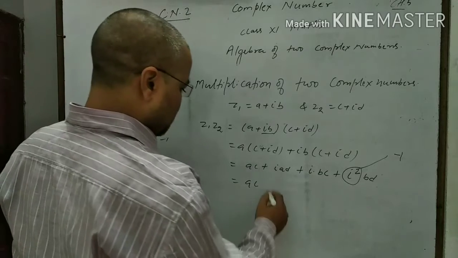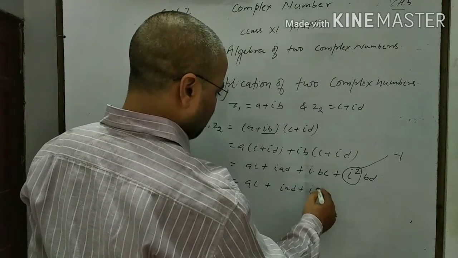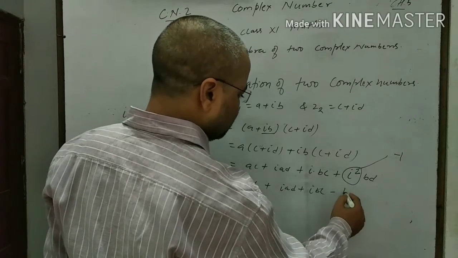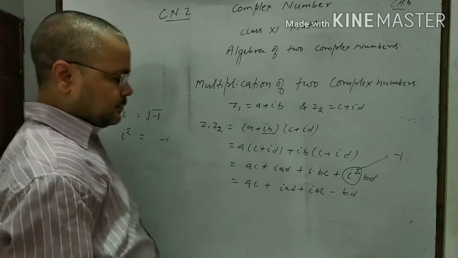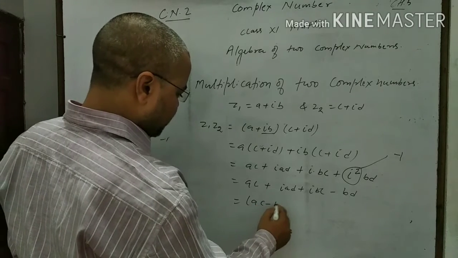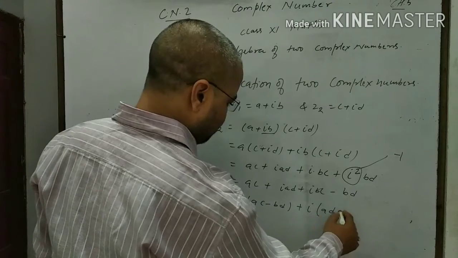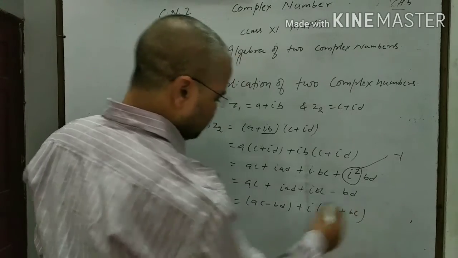Then we can write here iad plus ibc minus bd. Now we can arrange it as ac minus bd plus i into (ad plus bc).